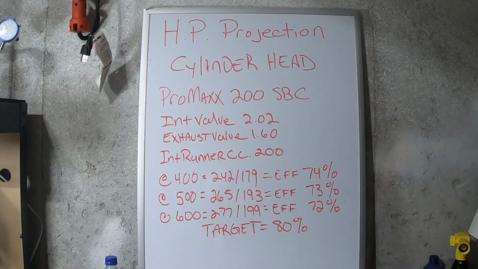Now with cylinder heads, efficiency is what you're looking for. And the efficiency is measured in several different points of lift of your intake valves, and it is measured on a flow bench. Flow benches literally do that. They put the head on a bench and they see how many cubic feet per minute of air flow through the cylinder head at a given pressure. It's like 28 inches of water or 28 inches of vacuum, if you want to call it that.